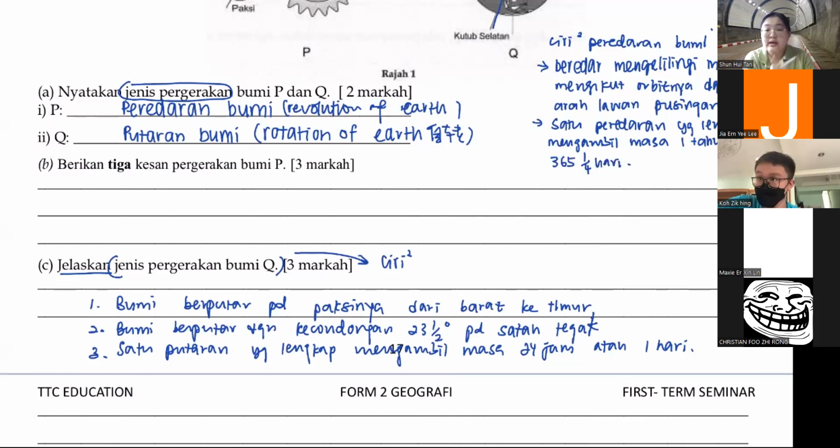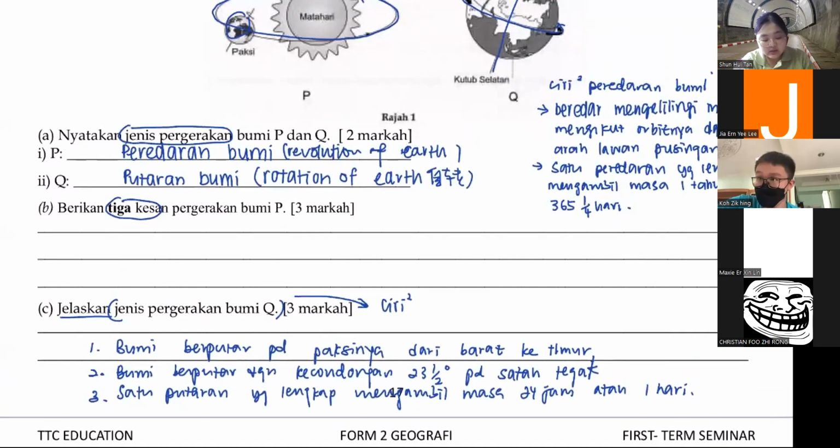Now, of course, other than ciri-ciri, they will ask you kesan. What is the effect? Okay, so the effect of P is what? P is peredaran bumi. So when I have peredaran bumi, what will I see?